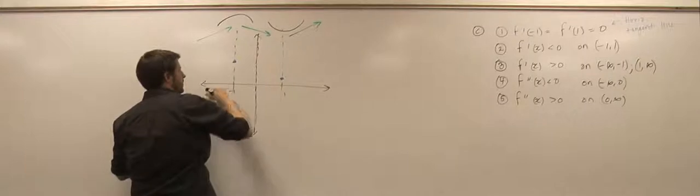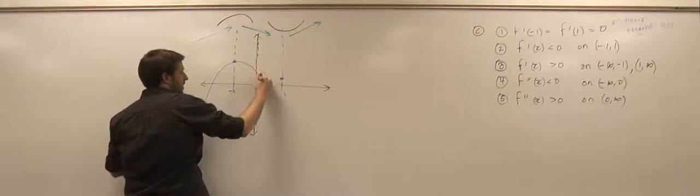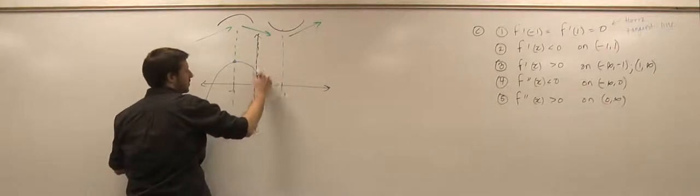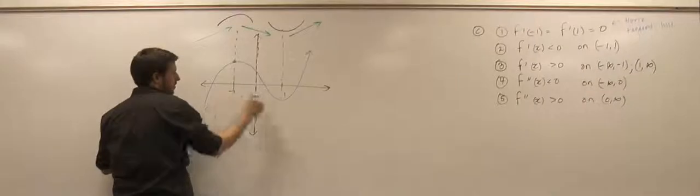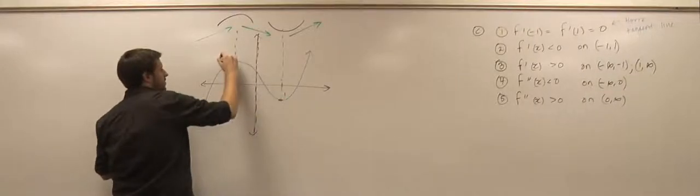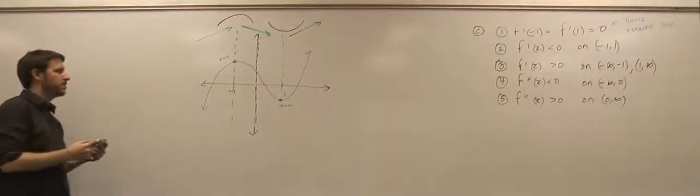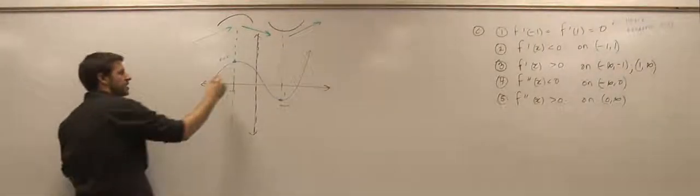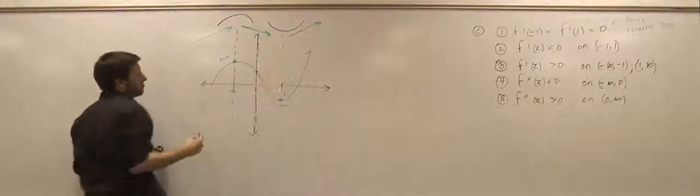So maybe concave down, and I'll change concavity. Go down a little. Concave up. My horizontal tangent line with my max. Horizontal tangent line with my min. Concavity changes from up to down. Or from down to up, I should say.